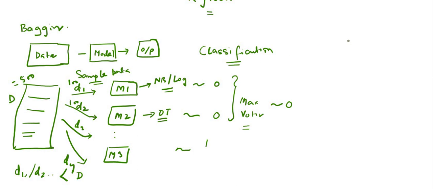In case of a regression problem, whatever values are coming here, we will take the average, and that will give me the final regression output.